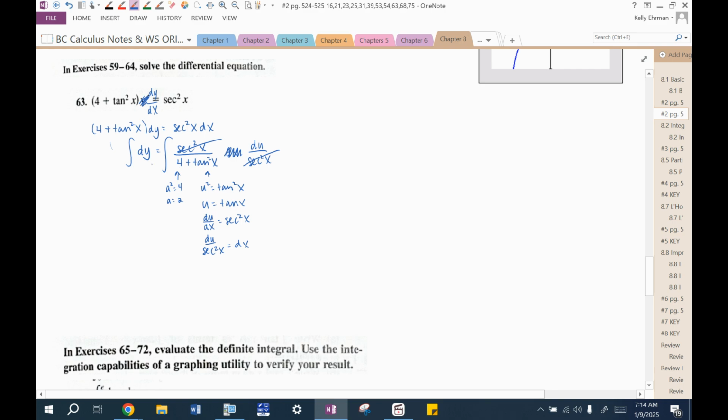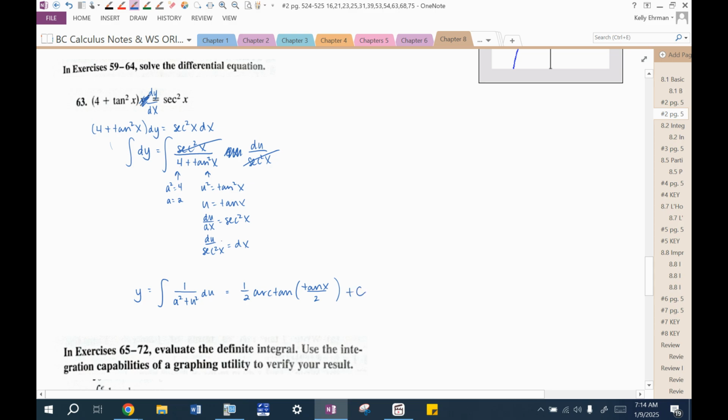So let's rewrite this. y equals the integral of 1 over a squared plus u squared du. And that's arctangent. So the arctangent is 1 over a, so 1 over 2, arctangent of u over a, tangent x over 2 was a, plus c.